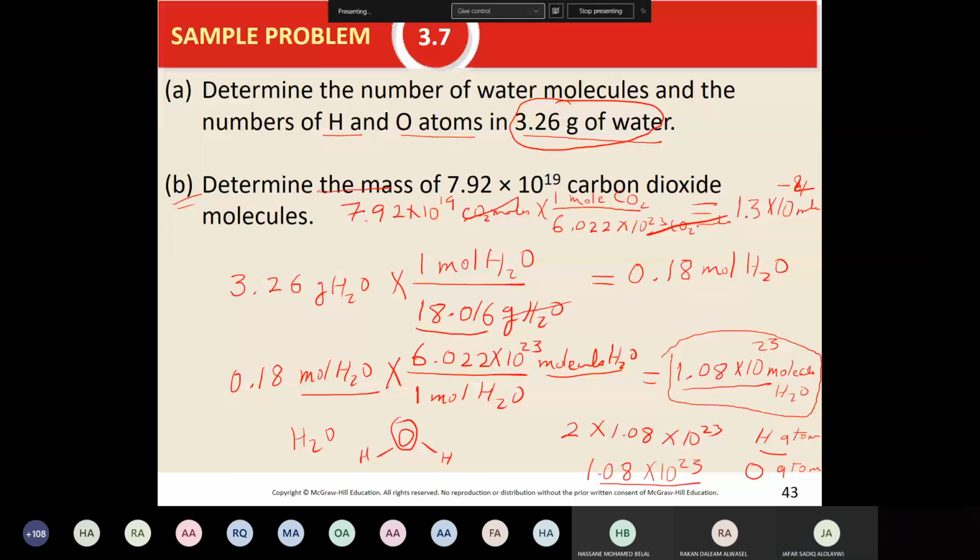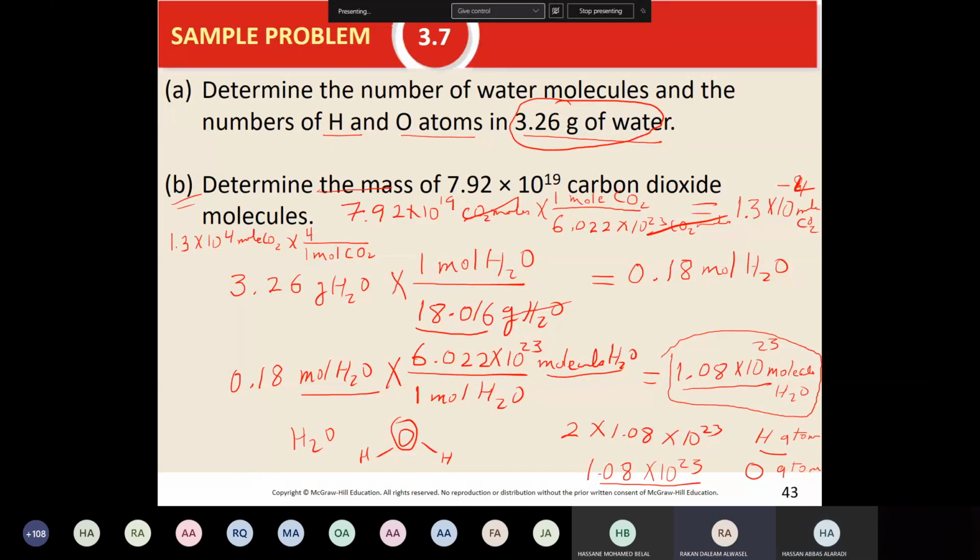Now, if I have 1.3 times 10 to the power minus 4 mole CO2, how can I change it to gram? I know that 1 mole CO2 gives me what? Multiply it by the mass from the periodic table.